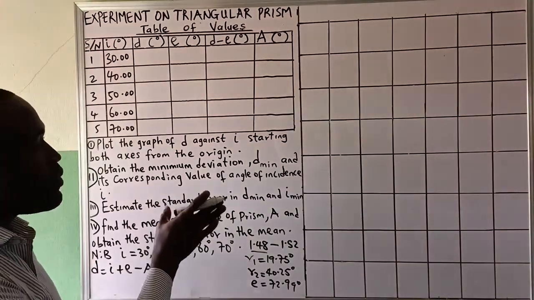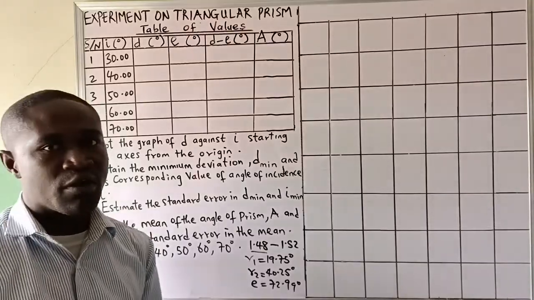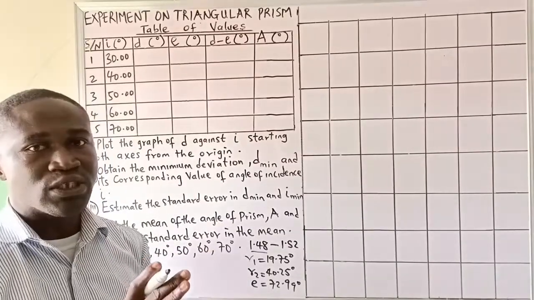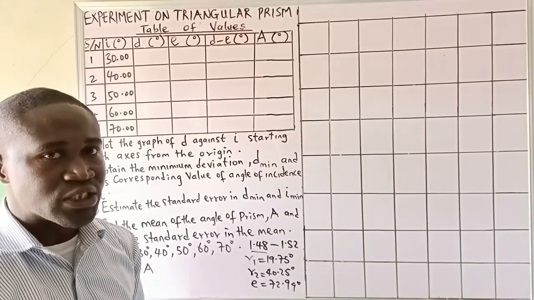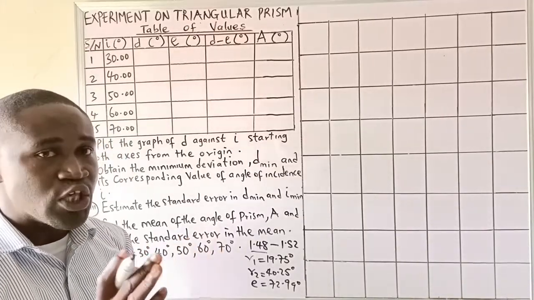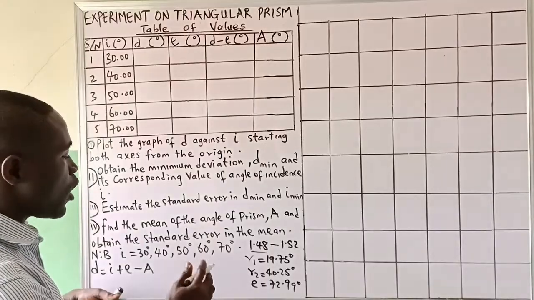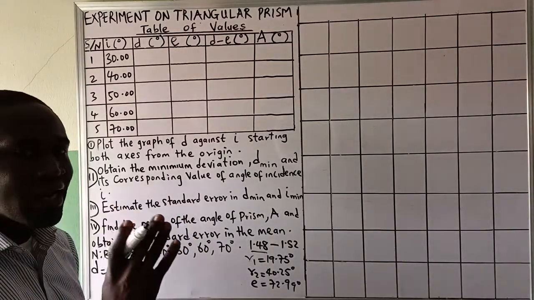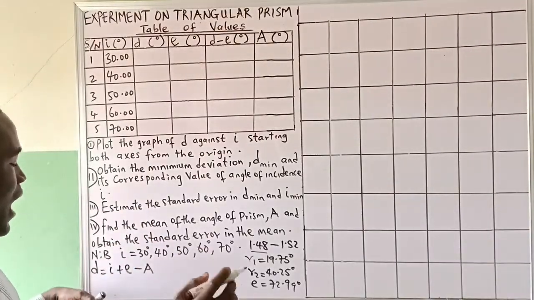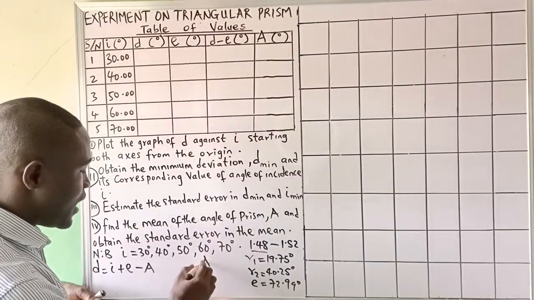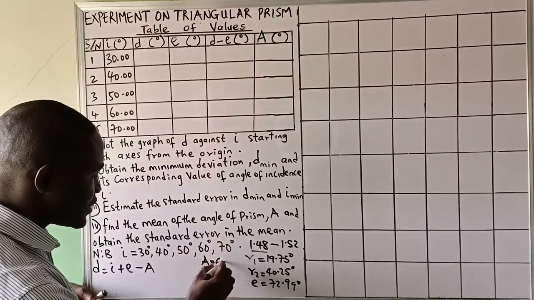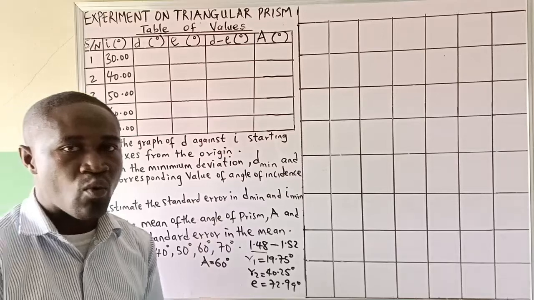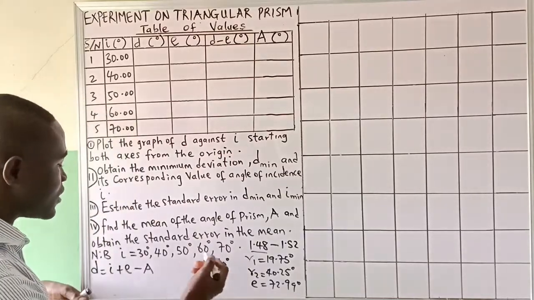Now, in this experiment, we have different types of triangular prism. The triangular prism we are using, that is mostly used, please, is the one carrying an equilateral triangle. And at this, we now have that A will be equivalent to 60 degrees because each of the sides of the equilateral triangle is 60 degrees.